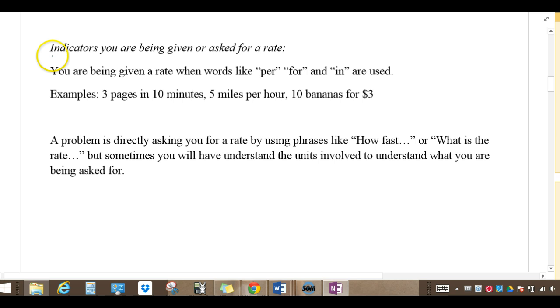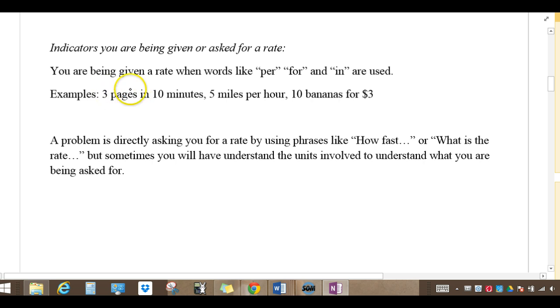So in the type of problems that we are going to be solving a bit later, we may not be given a rate as a fraction, but there are some indicators that you're being given a rate or you're being asked for a rate. So you're being given a rate when words like per, for, and in are used. So for example, if you are given the phrase 3 pages in 10 minutes, then you are given a rate.